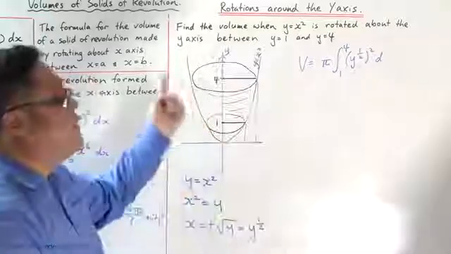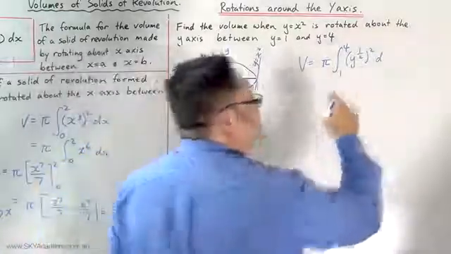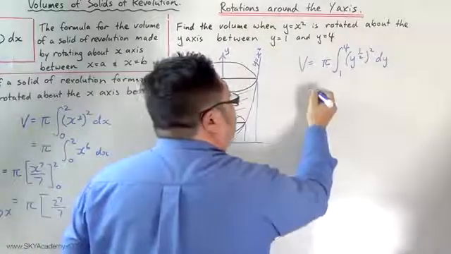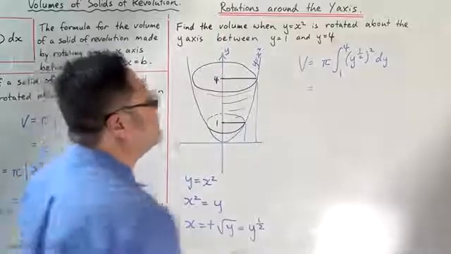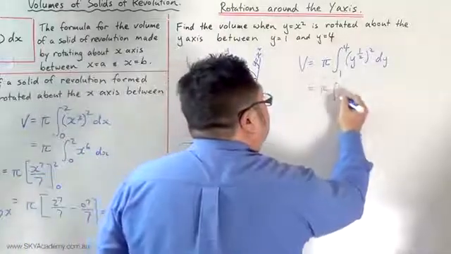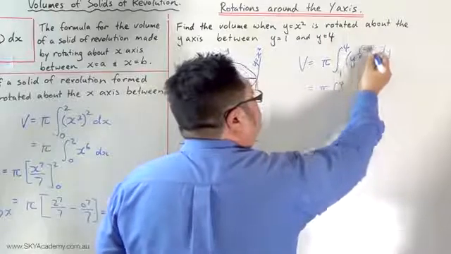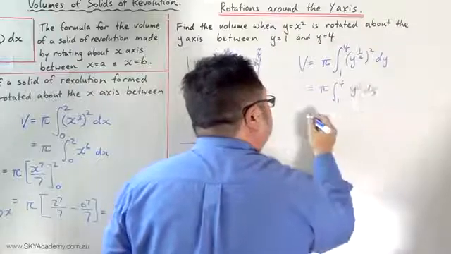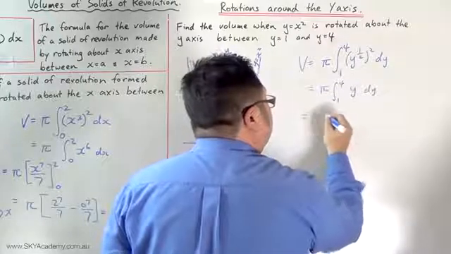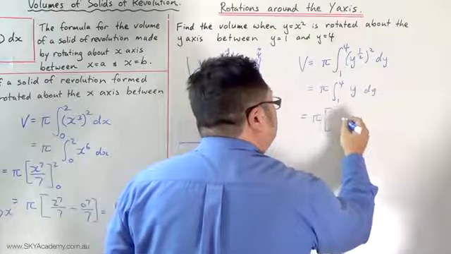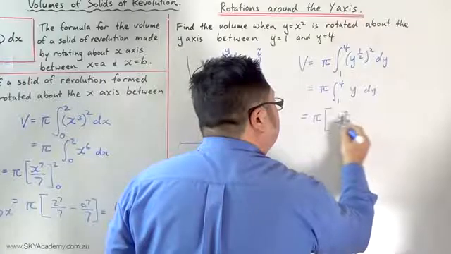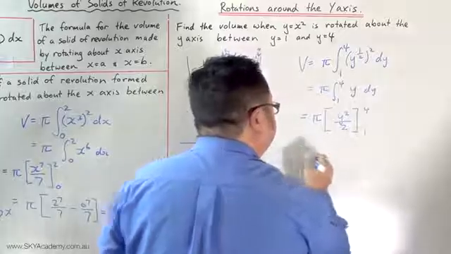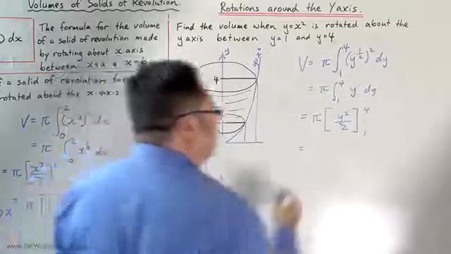And this time, because we're rotating around the y-axis, we're integrating with respect to y. So all of that would equal pi, 1, 4, y to the power of a half to the power of 2 is just y to the power of 1 dy, which gives you pi times y squared on 2, between 4 and 1.